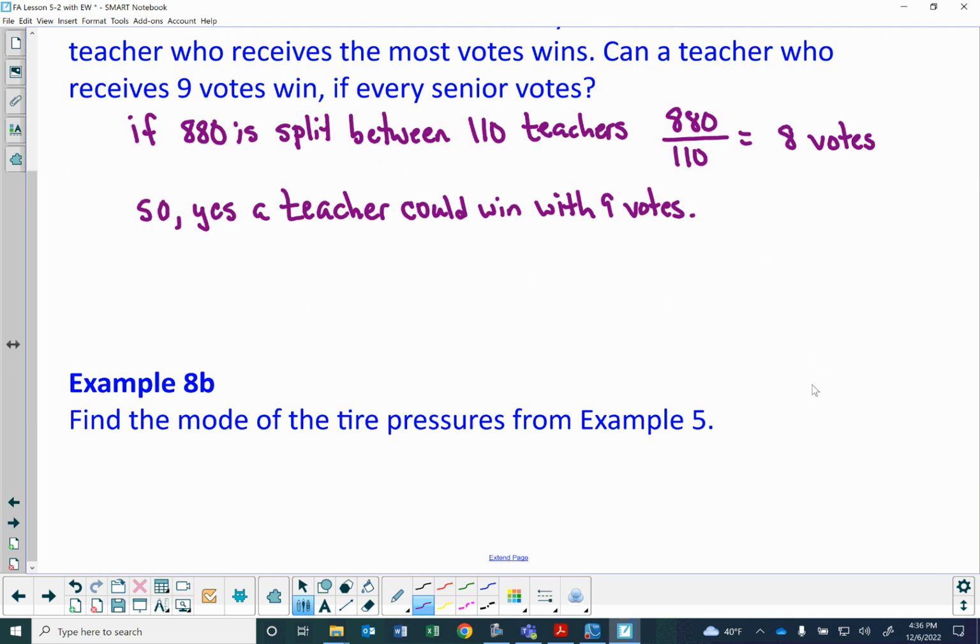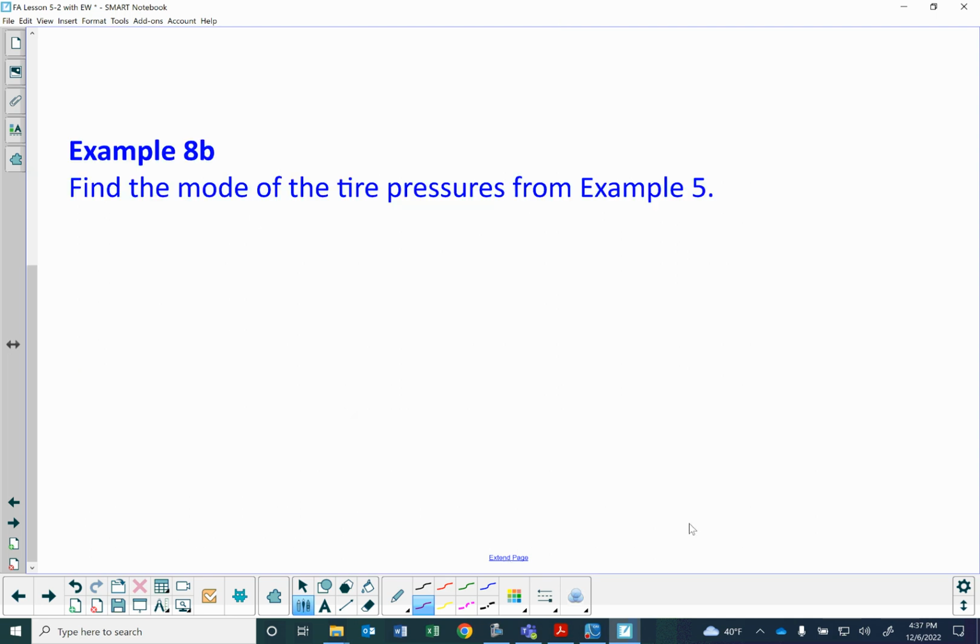Okay. Number 8B says find the mode of the tire pressures for example 5. This is our last question. Remember the tire pressures were 15, 17, 21, 25, 31, 32, 32, 32, and 34.